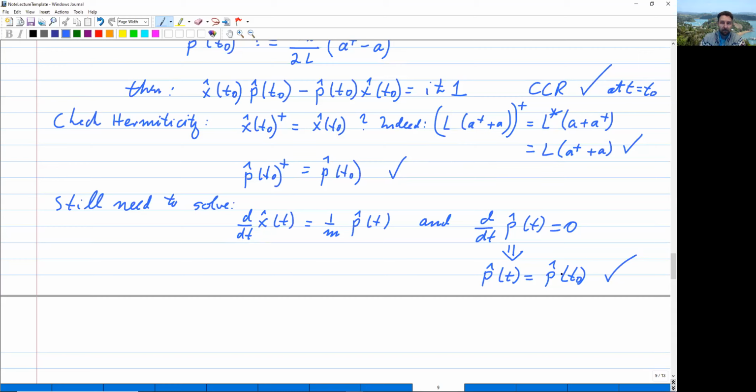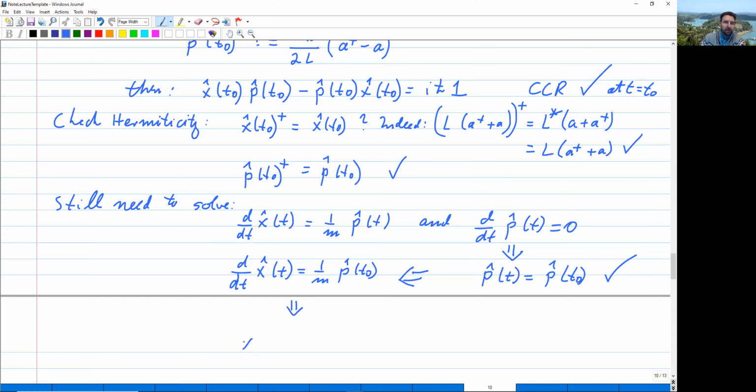This is great, isn't it? Because now, from this, we can tell that the equation of motion for the position matrix now reads d by dt of x hat of t is equal to 1 over m, and then it's p hat of t naught. This is a constant matrix. So this makes it easy.